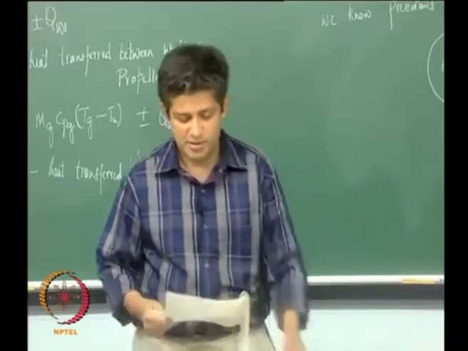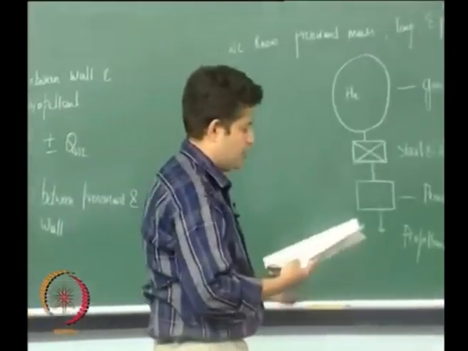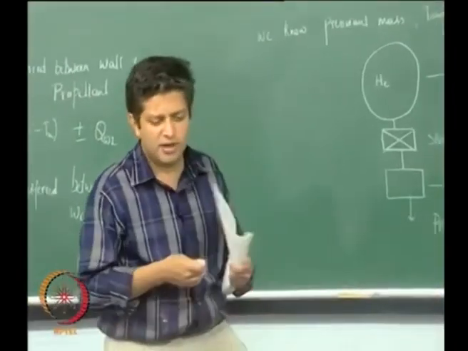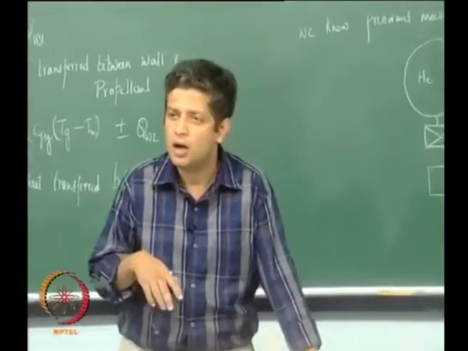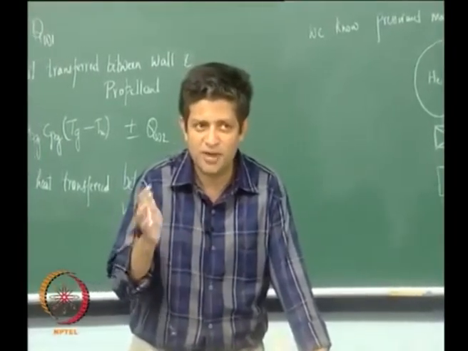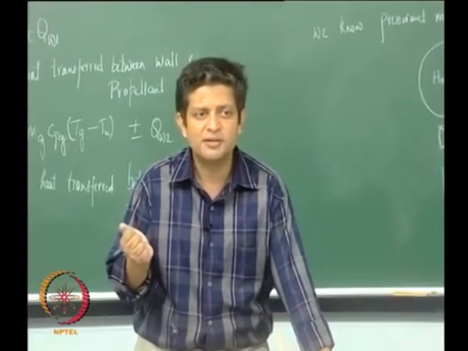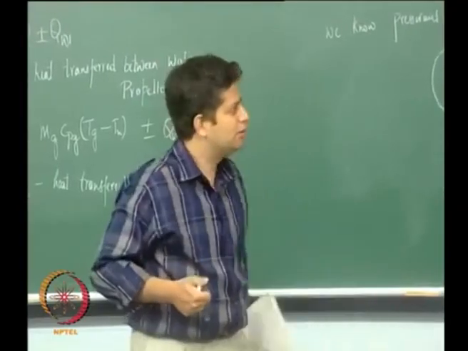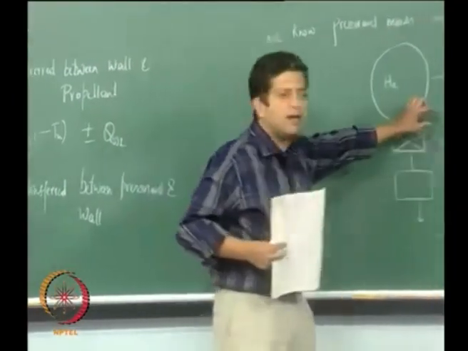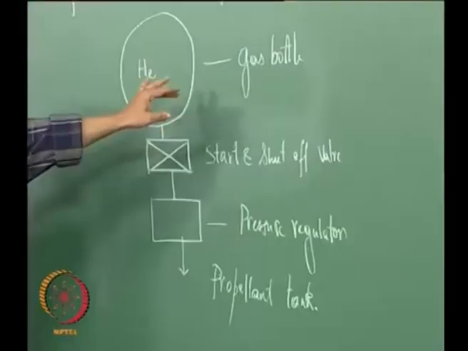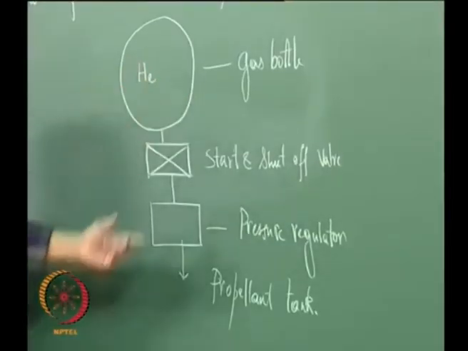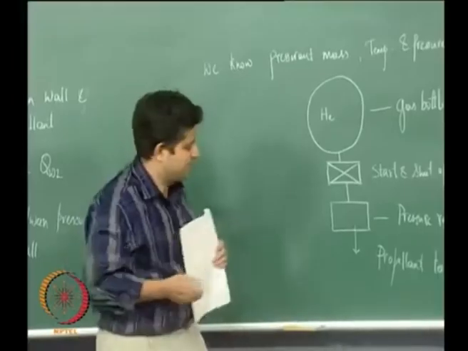Let us look at how the pressure drops. Pressure drops through either, if there is no heat transfer from the wall of the pressurant bottle to the ambient. If there is very little heat transfer, then it is an isentropic process, or otherwise it would be a polytropic process.